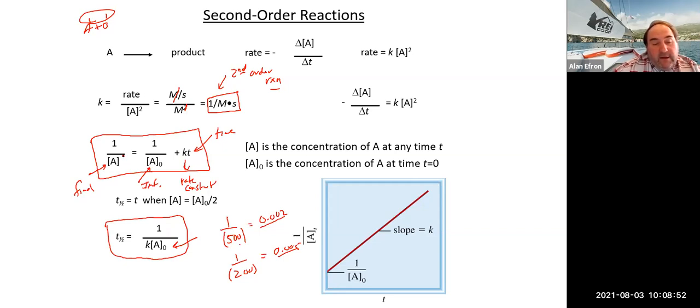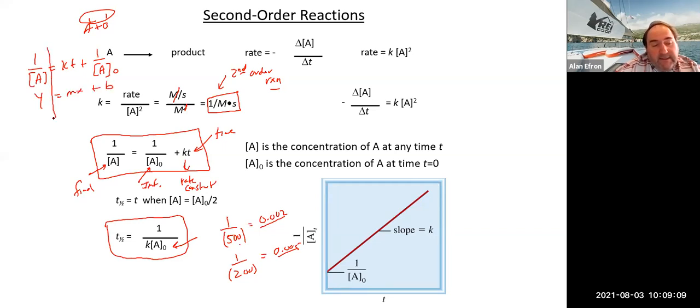This integrated rate law, we can also rearrange, like we did with the previous one for first order, and we get kt plus 1 over A naught. This is in the form of a straight line, y equals mx plus b.